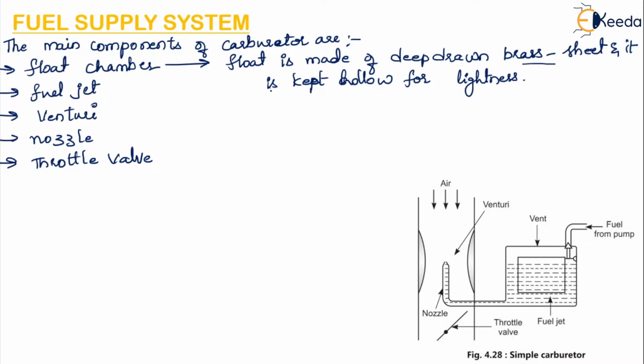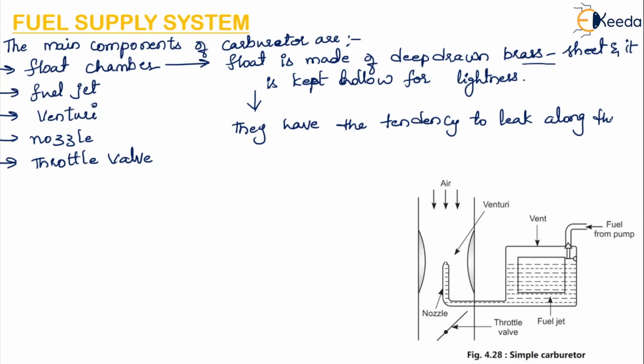These floats, which are made from deep drawn brass sheets, sometimes have the tendency to leak along the joint seams.